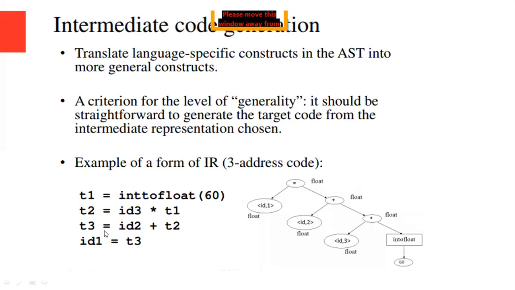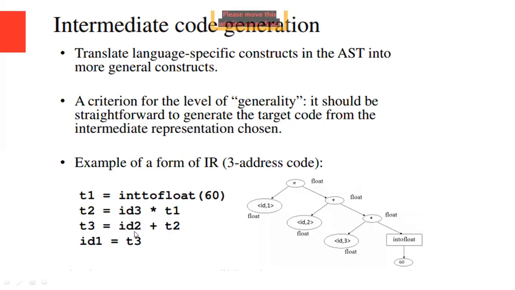And T3 is equals to ID2. So what is ID2? INI. So INI is added to T2. So what is the value of T2? ID3 into T1. That is assigned to T2, and T3 is equals to ID2 plus T2.